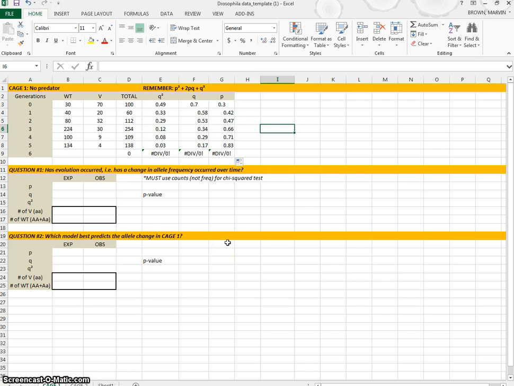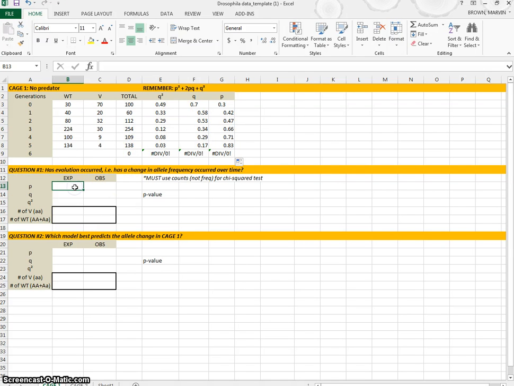All right. So if you guys are all kind of caught up and kind of understand what we're doing now, question number 1 has asked if evolution has occurred. Remember, what we want to know is our observed values, are they different than what we expect?